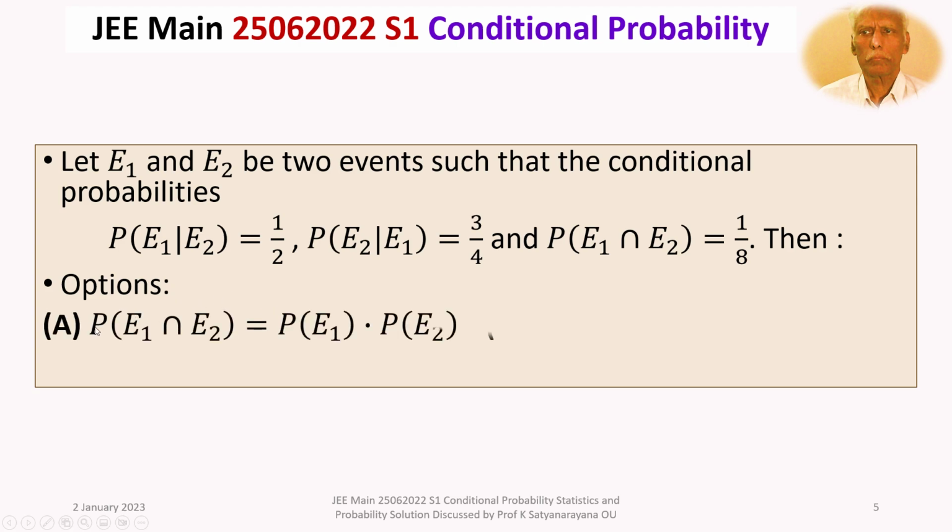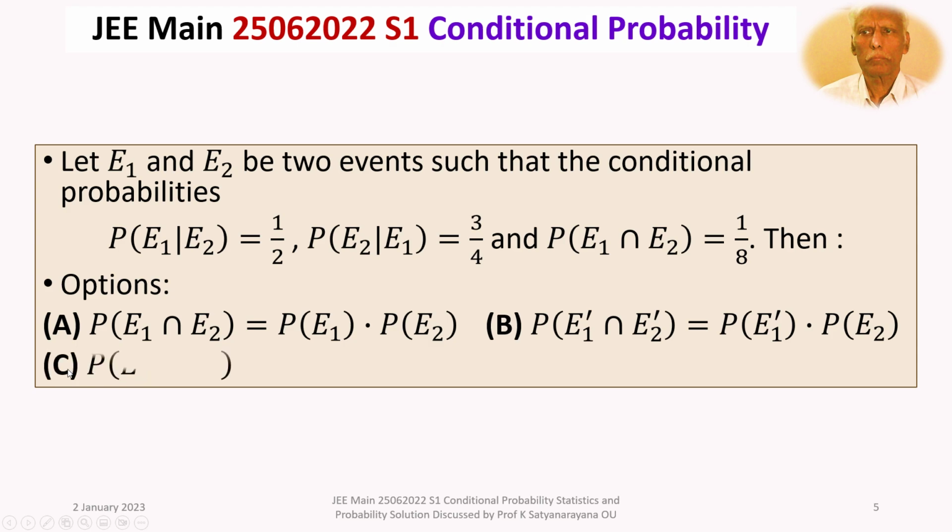Option A, probability of E1 intersection E2 is equal to probability of E1 multiplied by probability of E2. Option B, probability of E1 prime intersection E2 prime, that is E1 complement intersection E2 complement, is equal to probability of E1 complement multiplied by probability of E2.